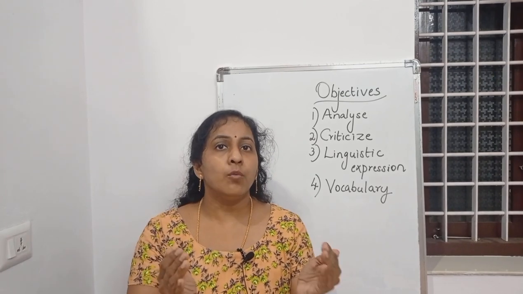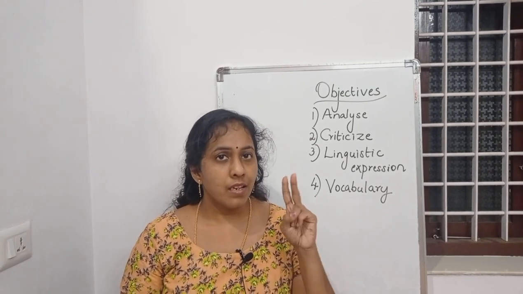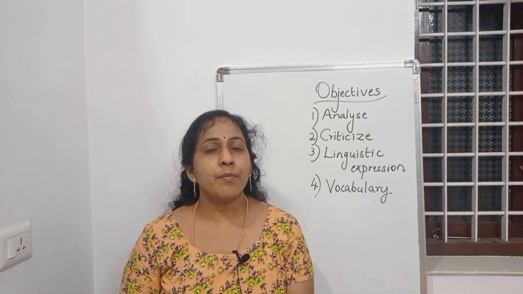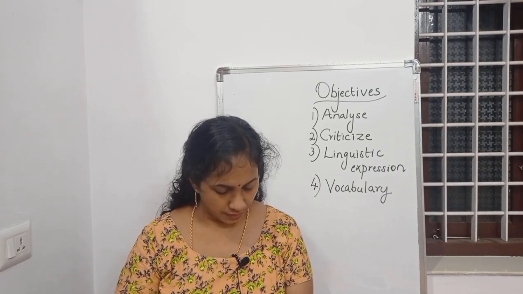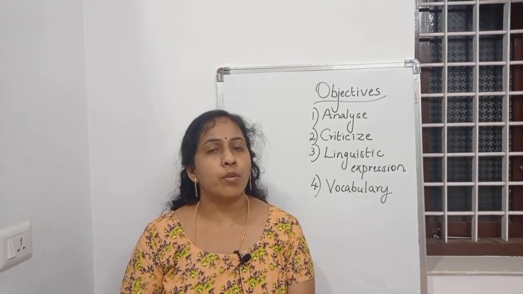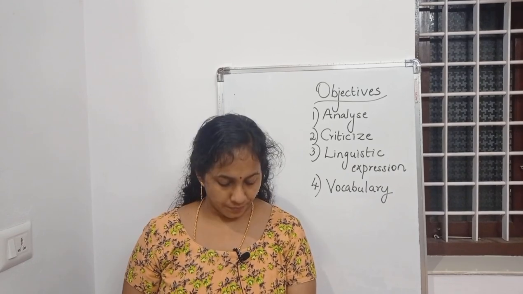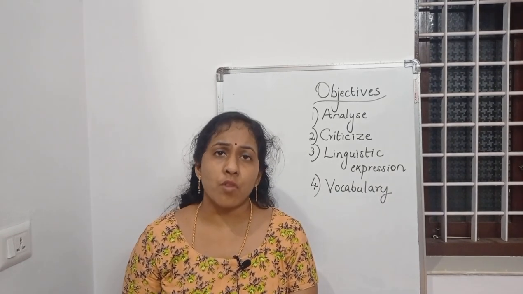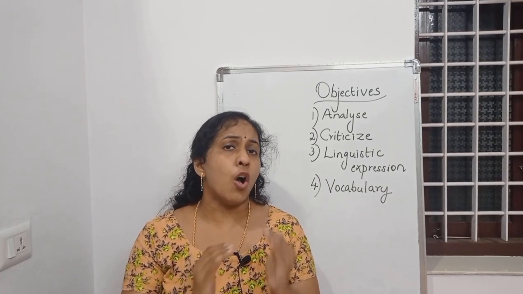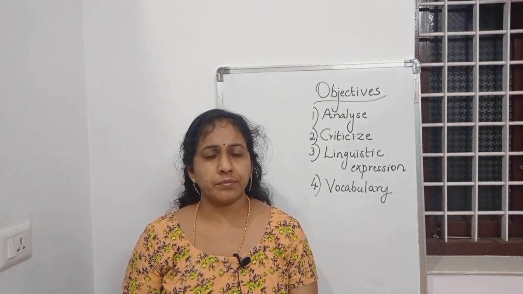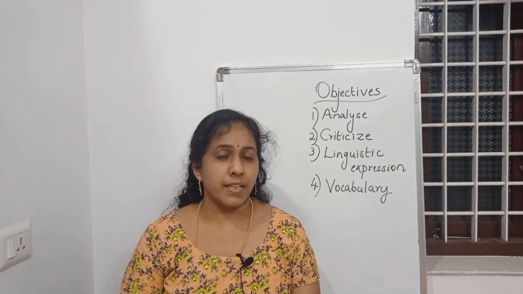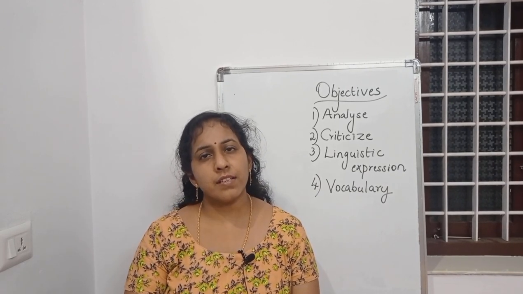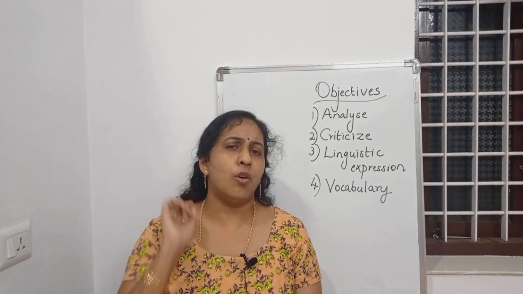Content means what it contains. Second, to subjectively and objectively criticize books, movies and products. We are talking about books, movies and products because these are commonly released. What is criticize? Criticize is to judge or to find faults with something.